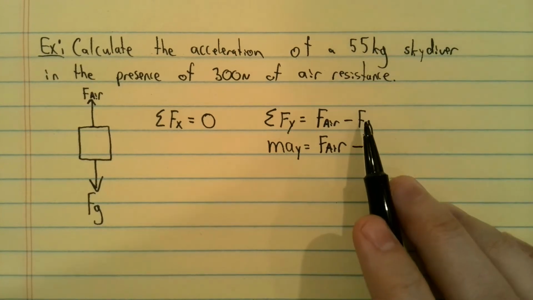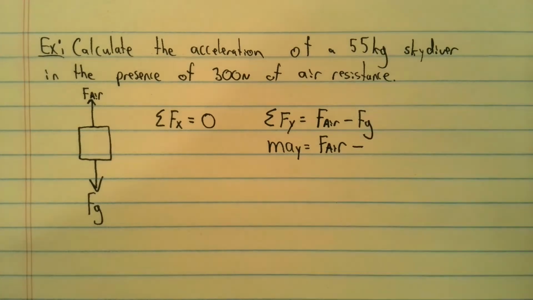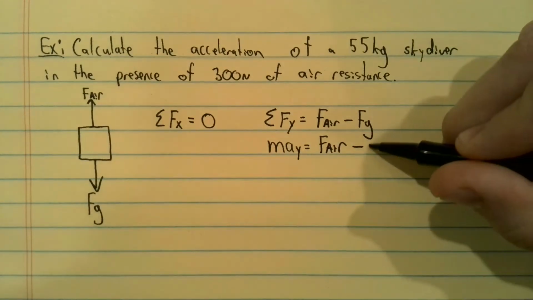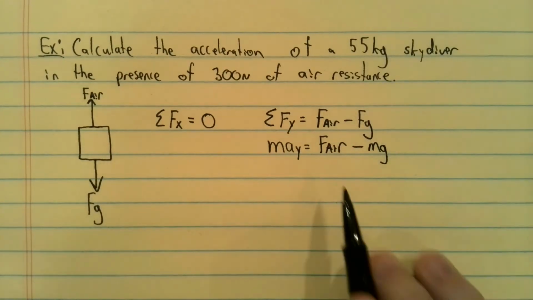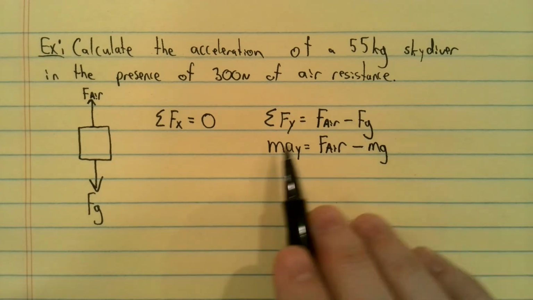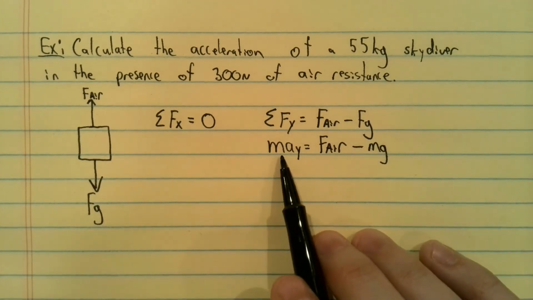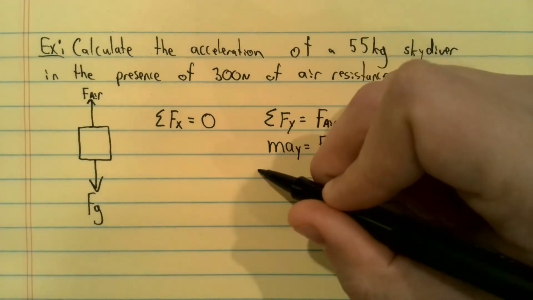Did they give me the weight of the skydiver? No, but they gave me mass. Let's look at the mini equations. For Fg, I'll plug in mg. So basically, once you get to this step, you look at your mini equations, you plug them all in. Okay. The mass of the skydiver is going to be 55.